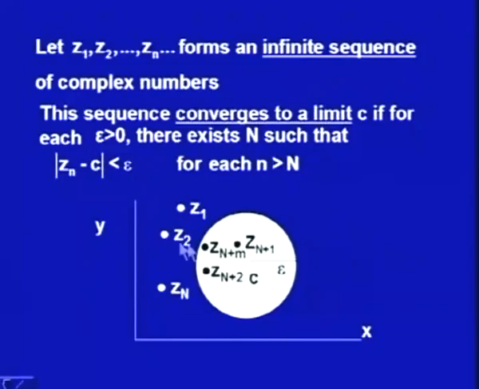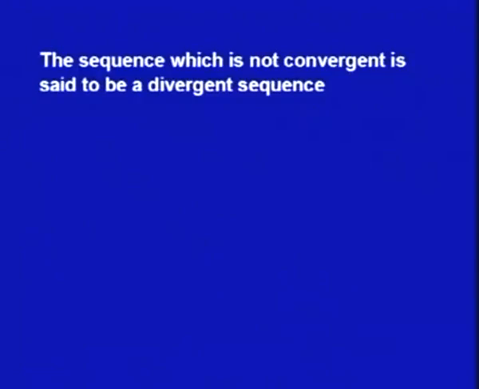So if, for a given epsilon, we can find a sufficiently large n so that after some n all the points will lie in this circle, then we say c is the limit of the sequence z1, z2, zn. A sequence which is not convergent is said to be a divergent sequence.